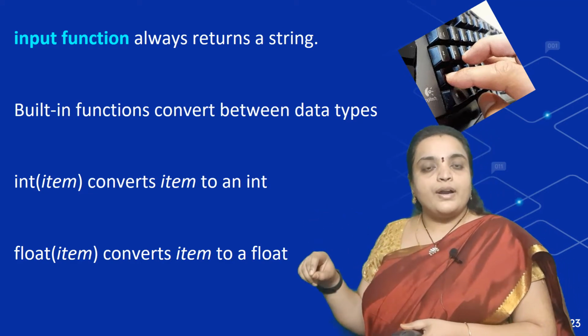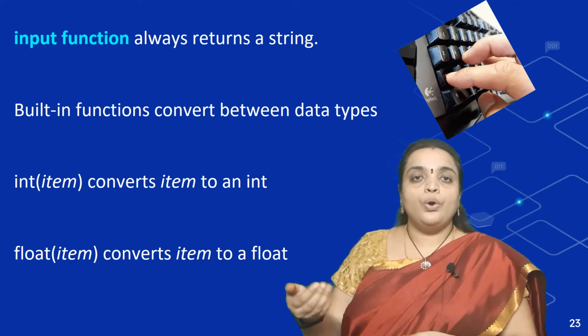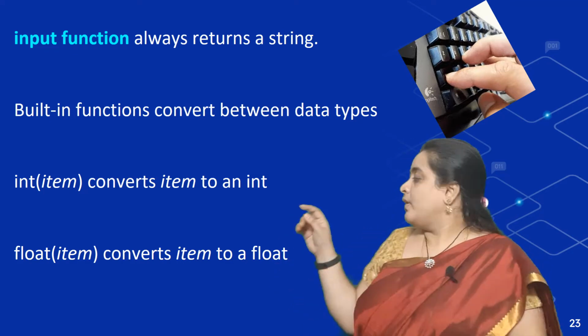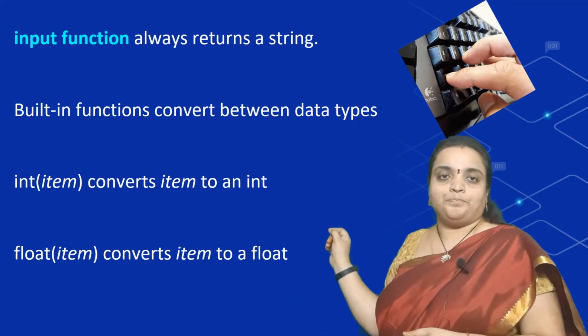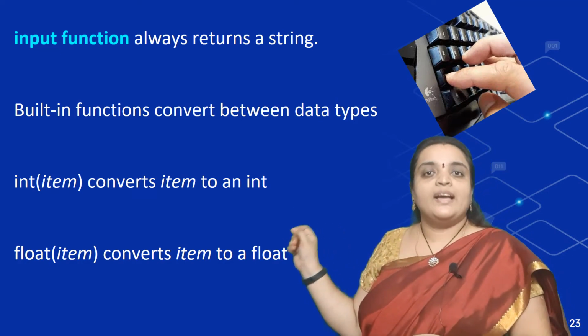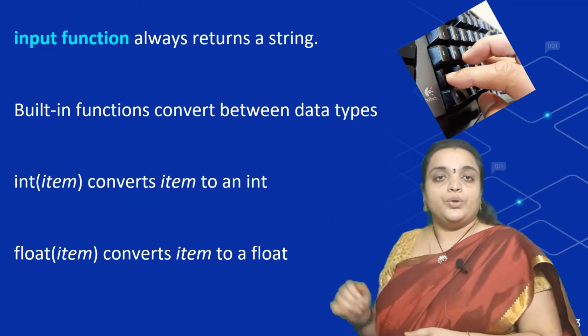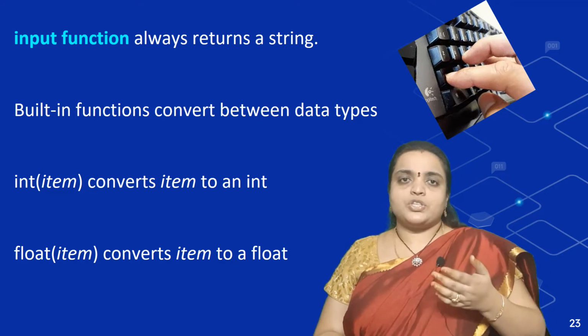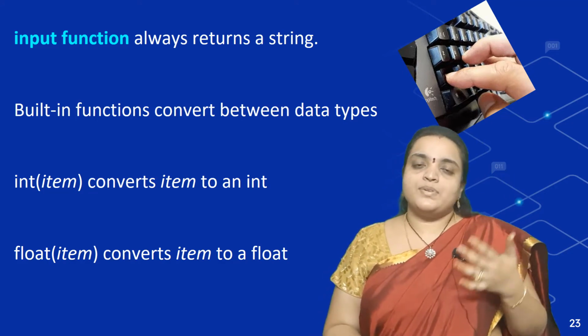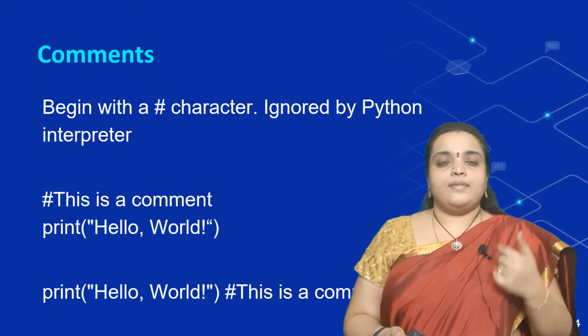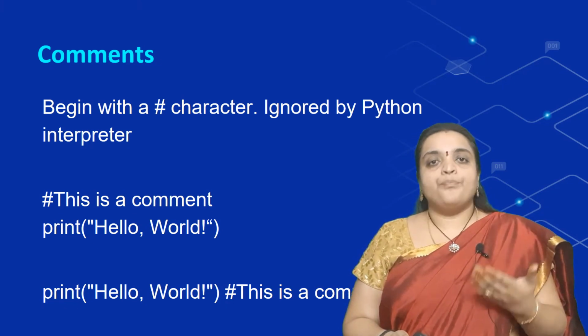If you want to convert the input string to float type of data, use float on that data. Is that clear, students? In this way, you will convert it into the data type. In our next lecture, I will show you so many examples regarding this.